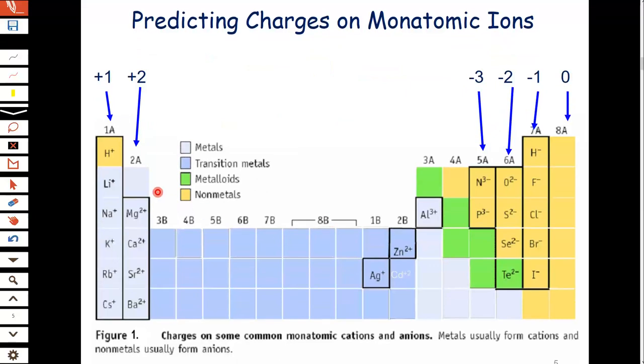Let's go to the periodic table. In the periodic table, we learned that the first group elements have one electron in the outermost shell, and if they lose one electron to become a positive one ion, they will be like noble gases, which is a stable state in elements and atoms.